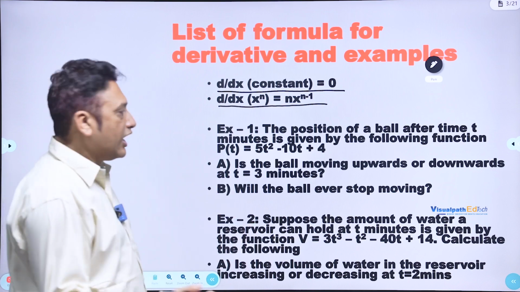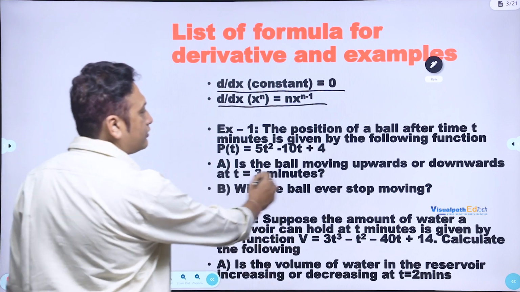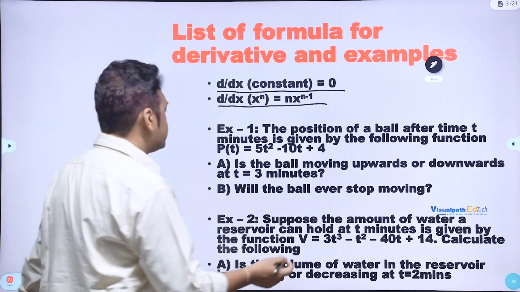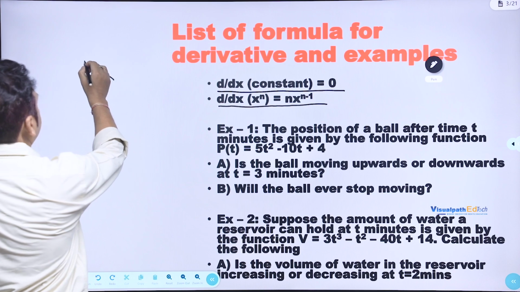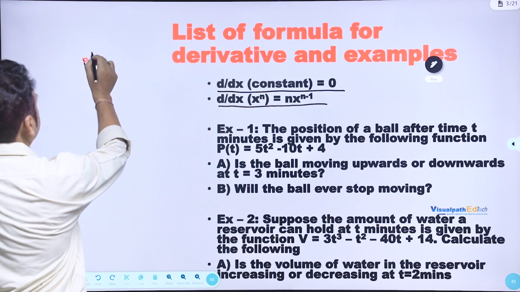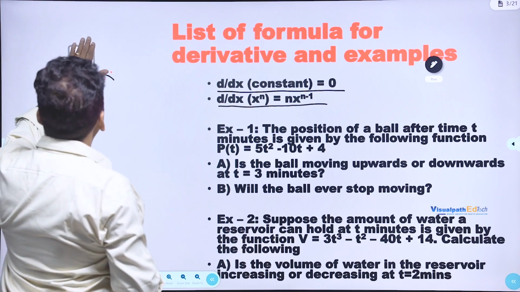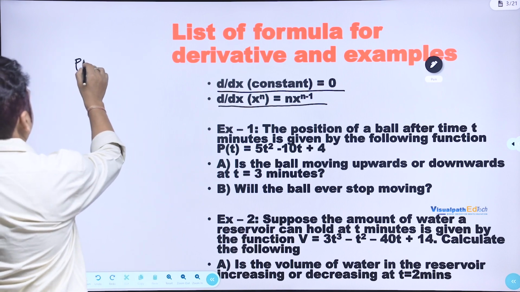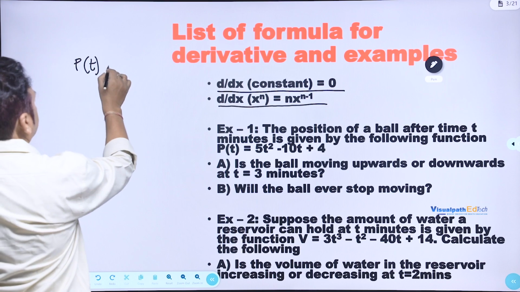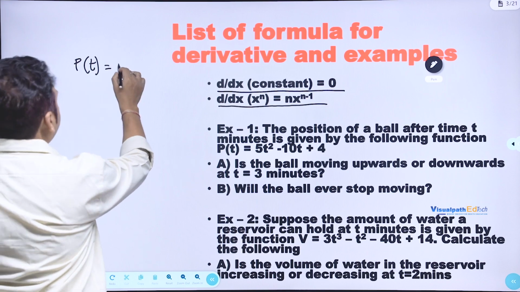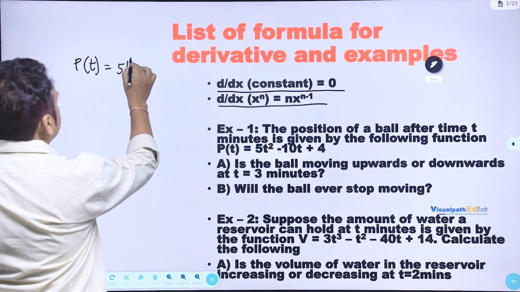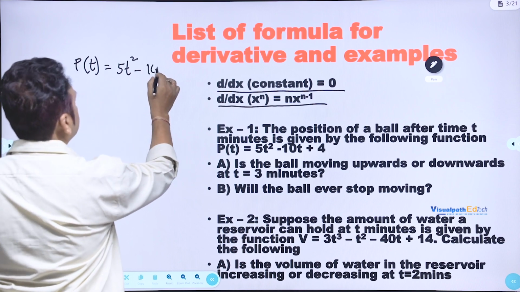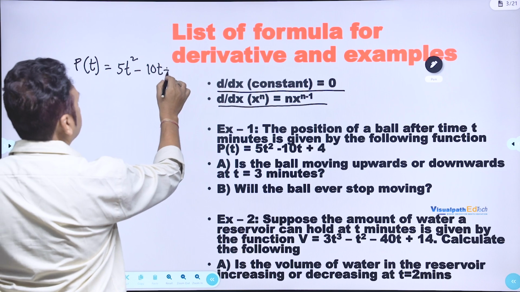So let's try and find out where will be the body moving, upward or downward at t = 3 minutes. So we are given p(t) = 5t² − 10t + 4.